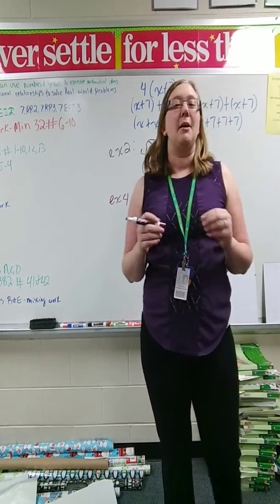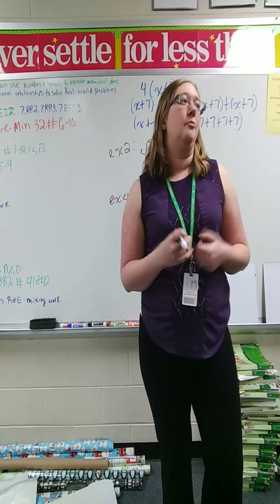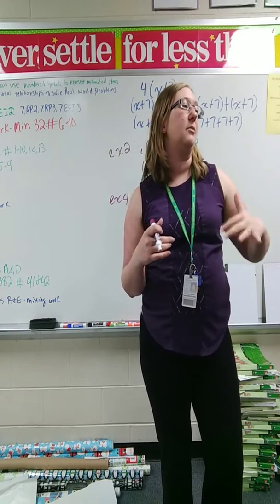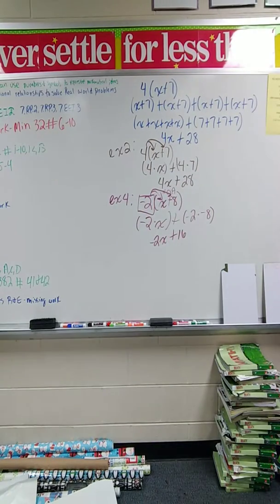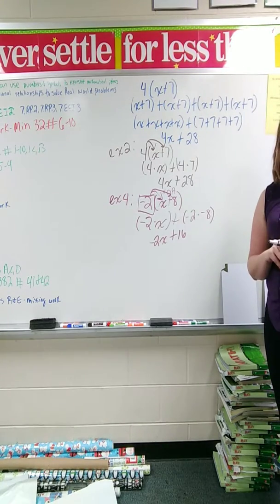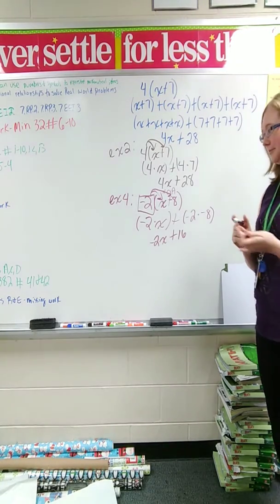Now, when I talk about combine, we're talking about adding, when we finalize that simplification. We are going to look at an example where we have a couple different variables, and let's look at what happens there.